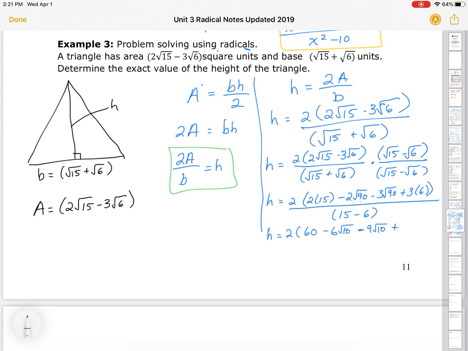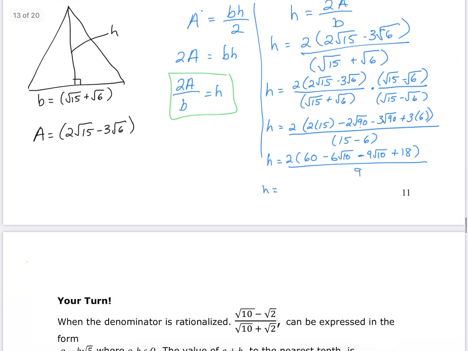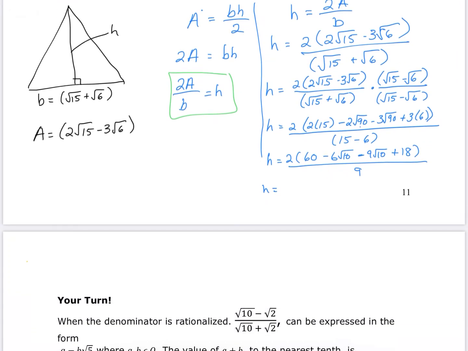So it'll be negative 9 root 10. Plus 3 times 6 is 18, right? All over 15 minus 6 is 9. Okay. So let's keep simplifying. And I'm probably going to go over onto the next page, but bear with me.